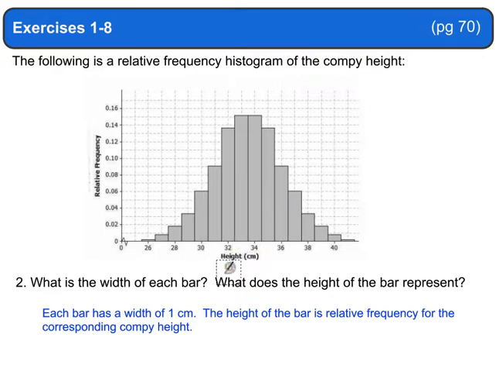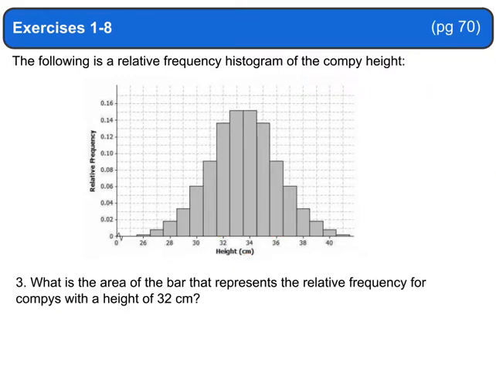But 1 centimeter from piece to piece, so if I made a mark between here and here would be 1 centimeter, this would be another centimeter, this would be another centimeter, and then the height up is the relative frequency that matches. And right here you see in this diagram they say each one is measured in centimeters. So that's another indicator mark for that.